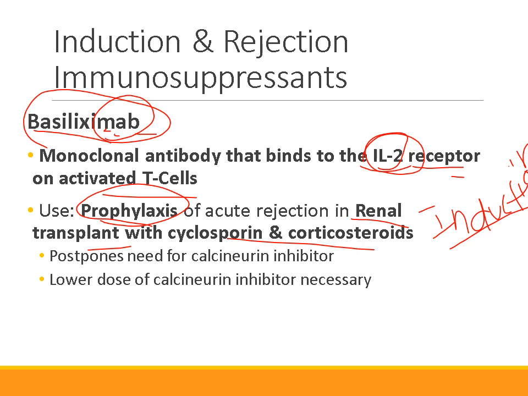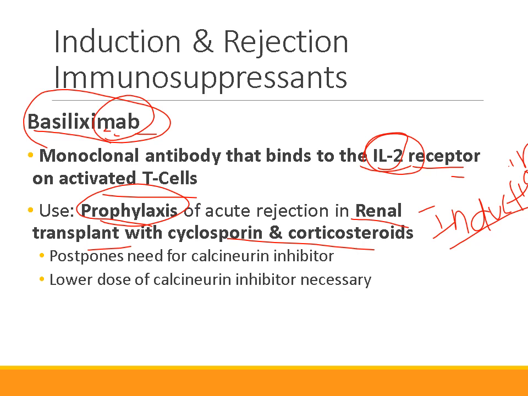In that case, you need something that is T cell depleting, right? You need something that goes in and gets rid of the T cells that already exist if you're trying to treat rejection, just like we saw on the last slide. So again, used for prophylaxis of rejection in renal transplant.